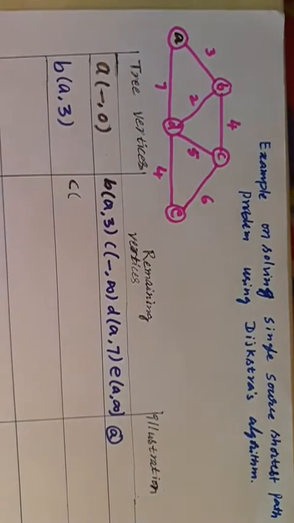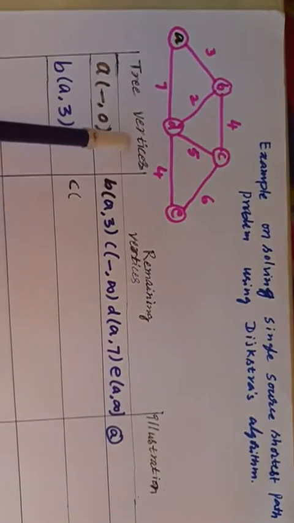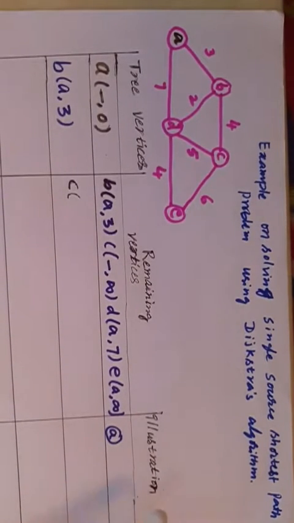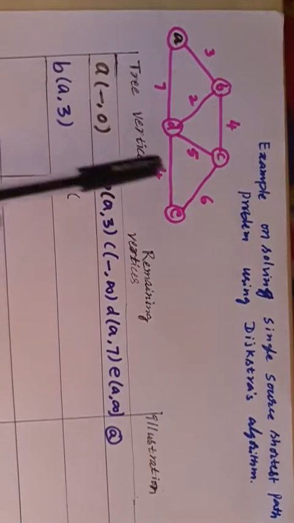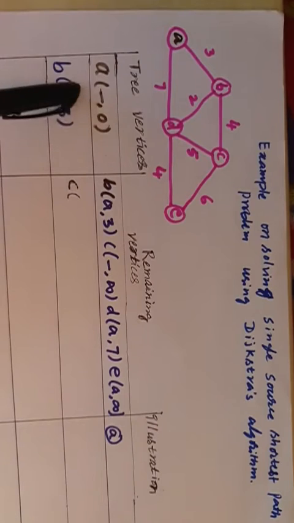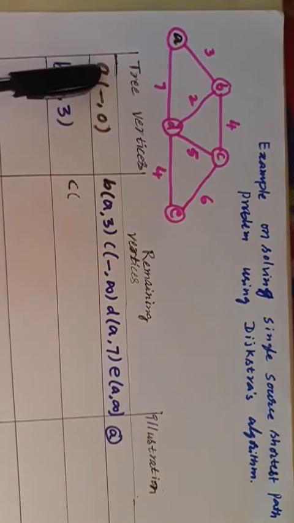To solve this problem, first you construct three columns. The first column is tree vertices, the second column is the remaining vertices, and the third column is the illustration. It is the same as Prim's algorithm, where we also constructed these three columns. Now the source vertex is a. With each and every vertex I have written two pieces of information.